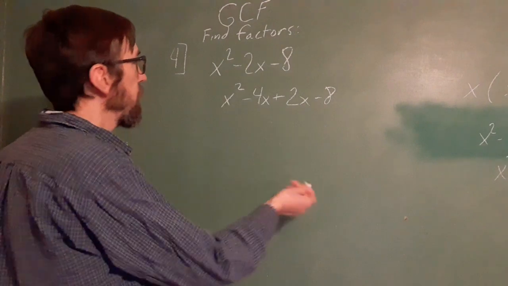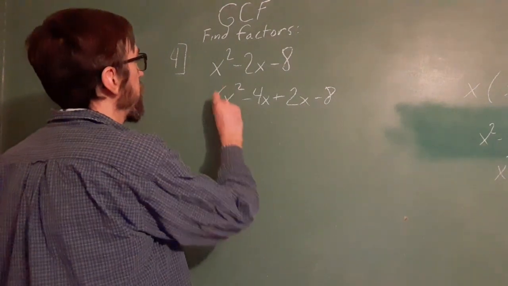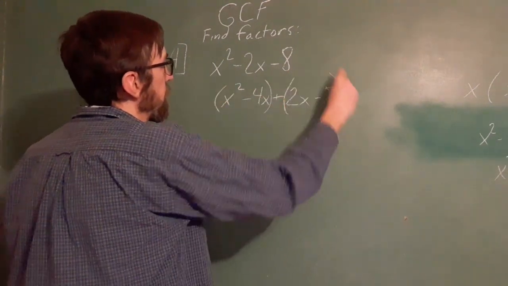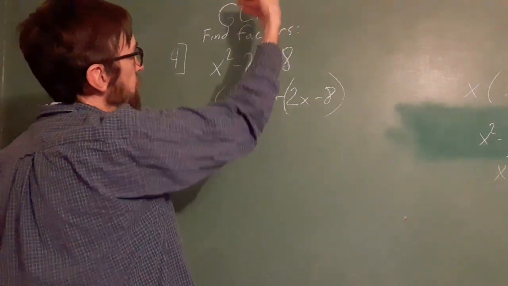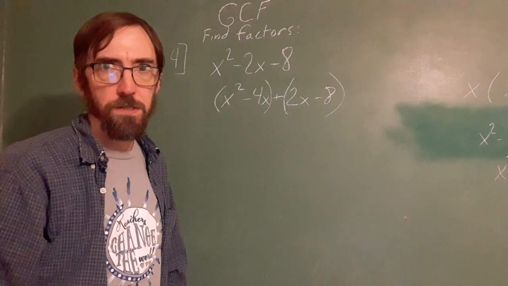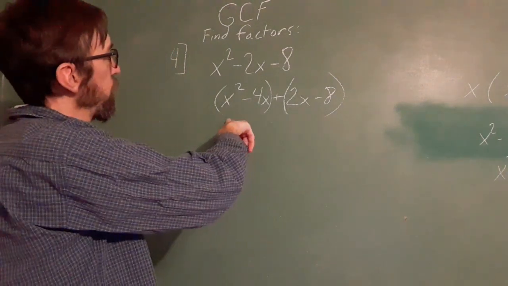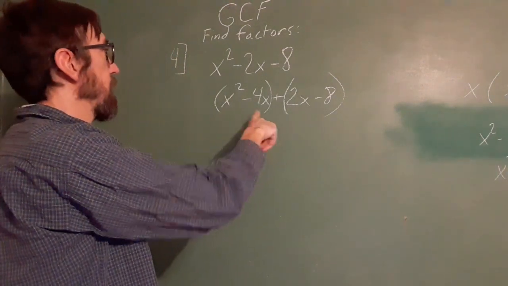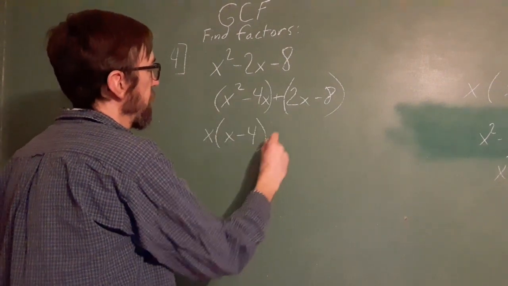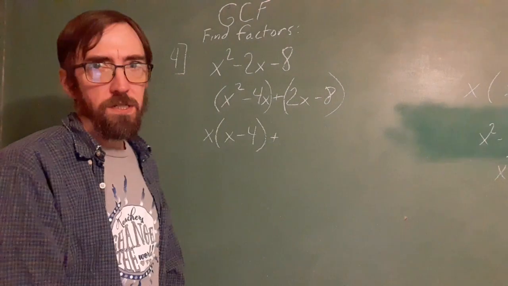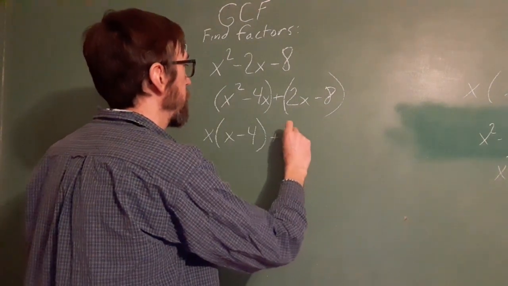Now that we have this, by the associative property, we are going to associate the first 2 terms and the last 2 terms and use the greatest common factor here and pull out that greatest common factor. The first greatest common factor is just x, and the second greatest common factor is 2.